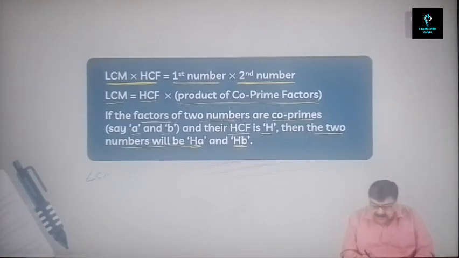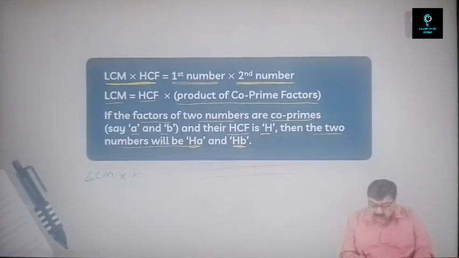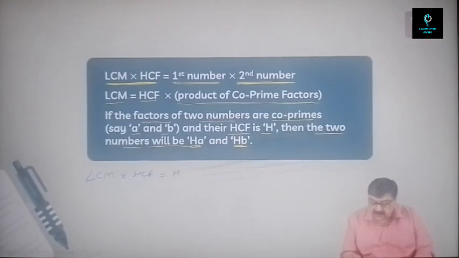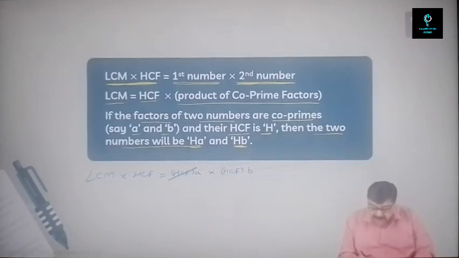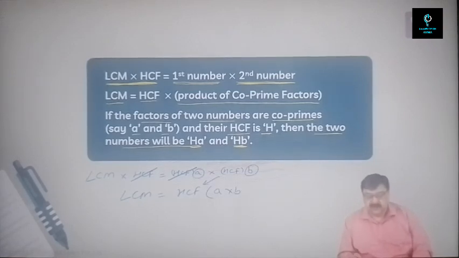So in that case, LCM into HCF equals HCF into A into HCF into B. So these two HCF will get cancelled. Now we can say LCM equals HCF into the product of the two co-primes.